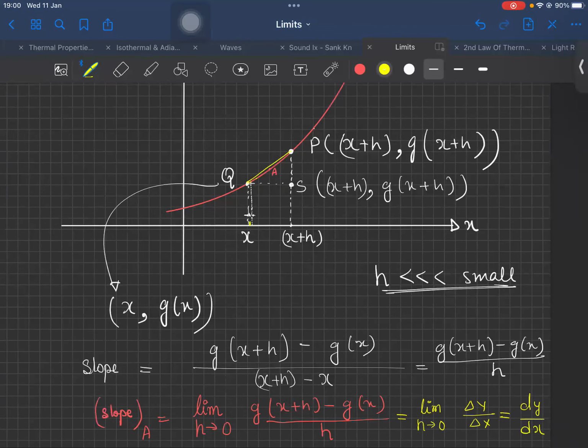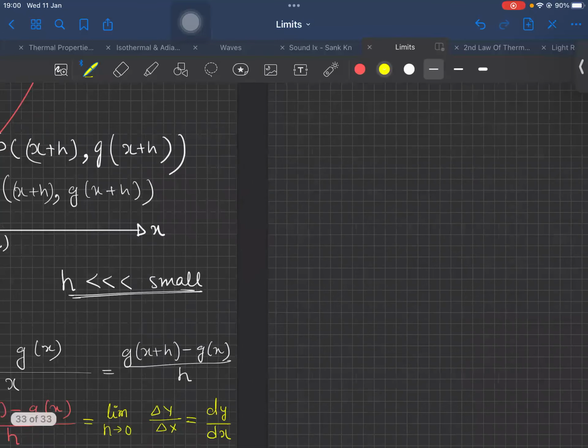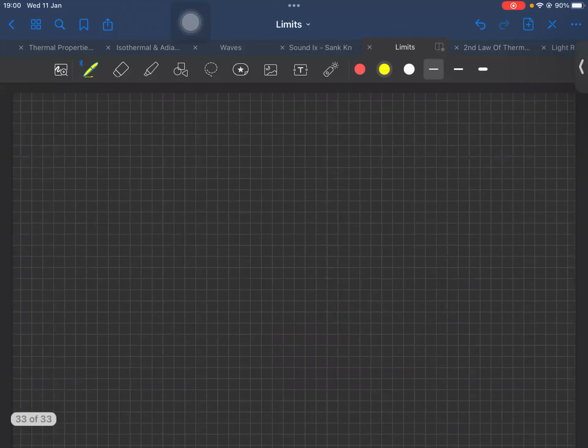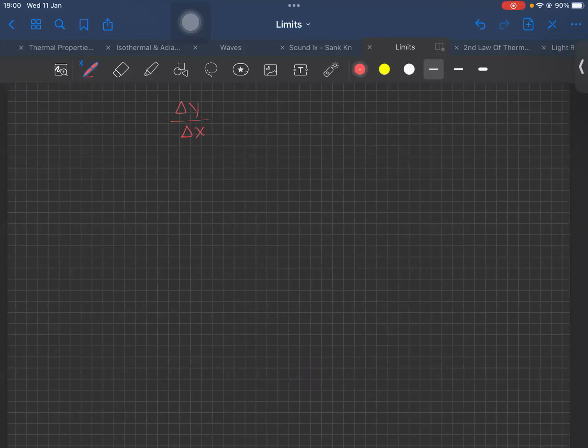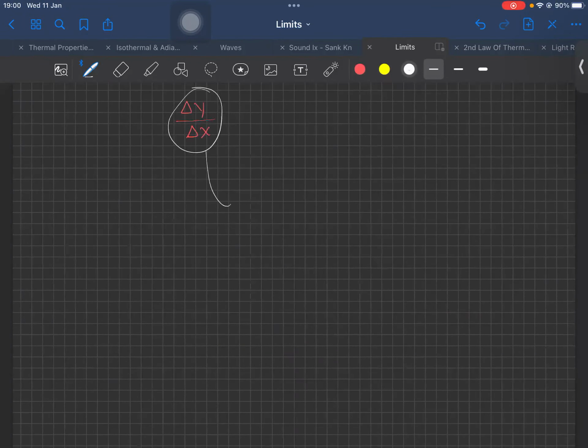Now what's the meaning here? See, we know that delta y upon delta x is called average change. In physics also, you might have studied this is called average change. Now how do we calculate the instantaneous change at a particular instant?